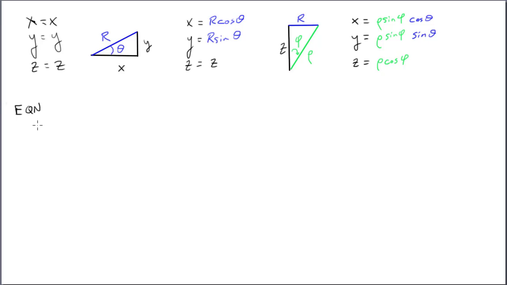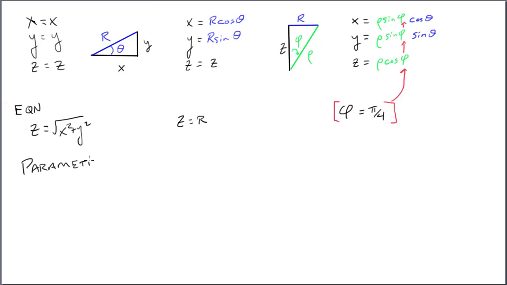Now we'll do the spherical. I have my equation in rectangular coordinates, my equation in polar coordinates, and my equation in spherical coordinates. I substitute the equation into the spherical coordinates, which are on the right-hand side of your coordinate change. Get my parametric form, because remember, the spherical coordinates are your input, and your rectangular coordinates are your output.